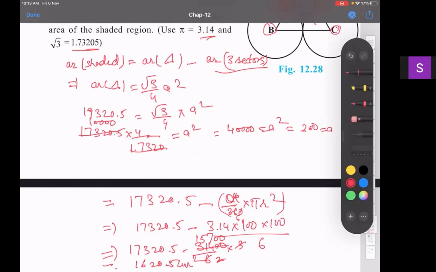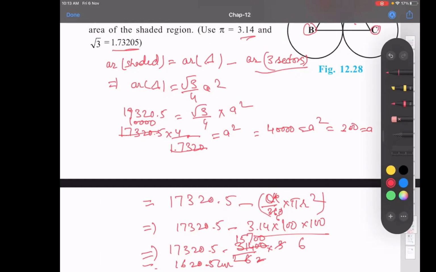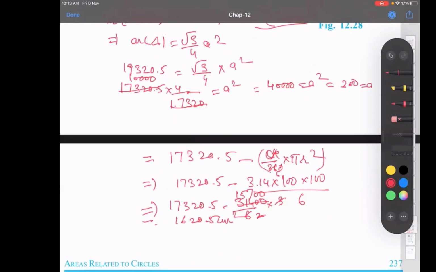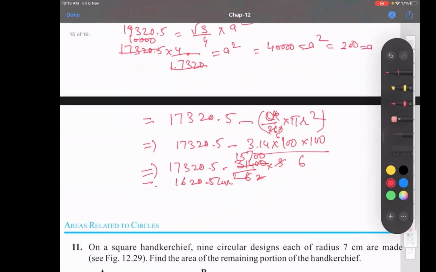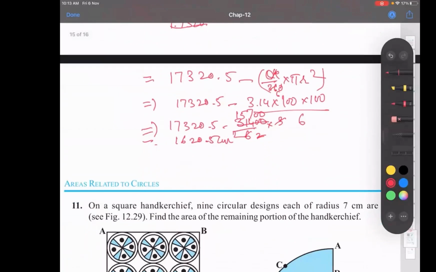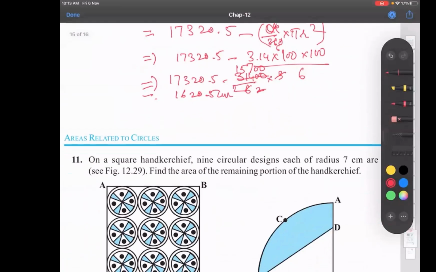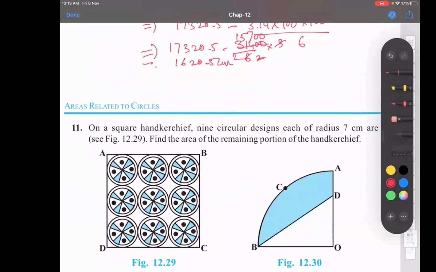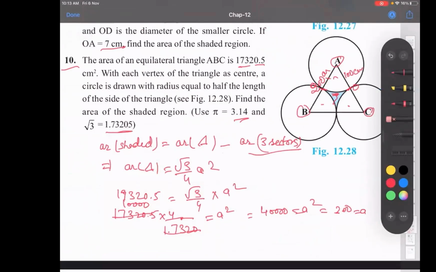Any problem? No, ma'am. In this question, area of triangle is given to us.